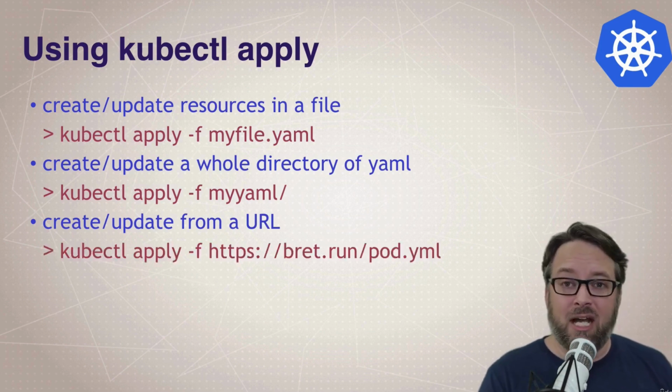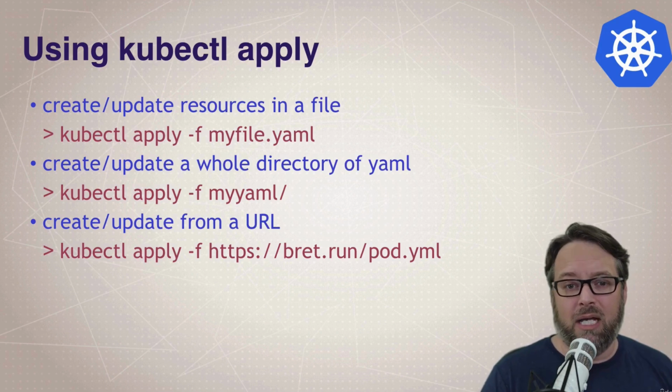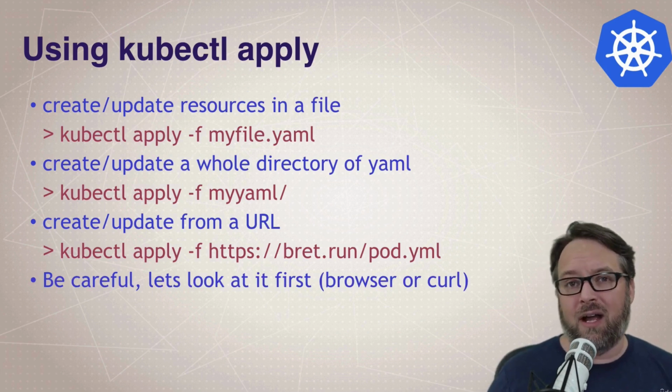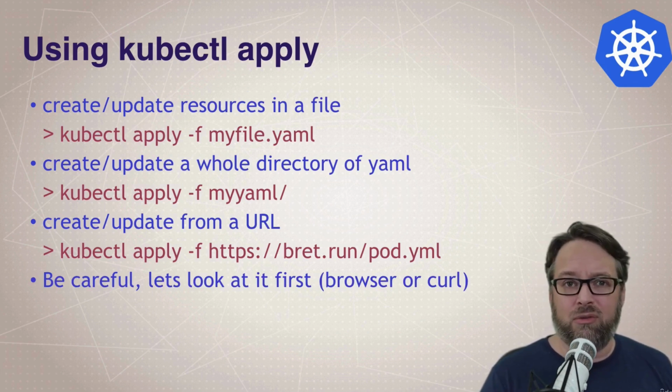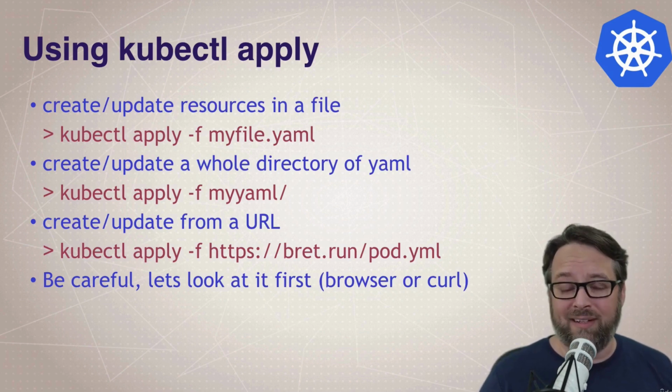So we give it that -f, but the file is technically a URL there, and the way it knows that is through the HTTP protocol. In my case, I've created a domain that has a couple of examples. There is a pod.yaml file there, and so technically if you ran that command, it would work. It would deploy a single pod. But just be careful with these files, because it's one thing to pull something down over the internet and download it, but it's a whole other thing to one-line run a YAML file in Kubernetes.